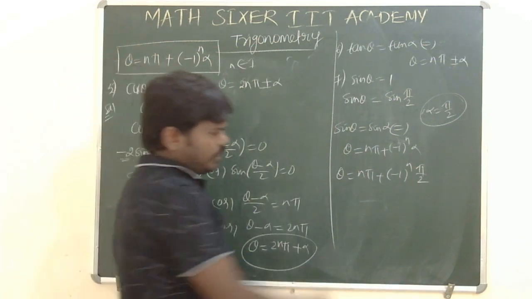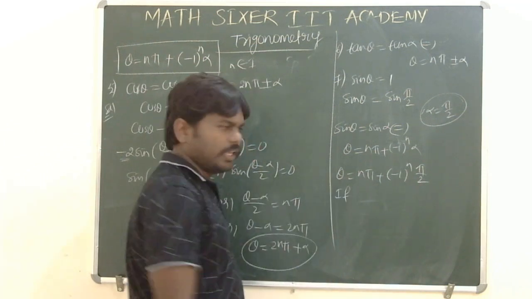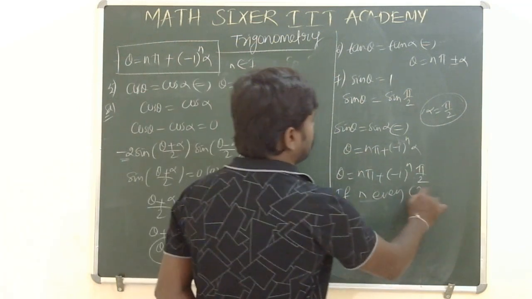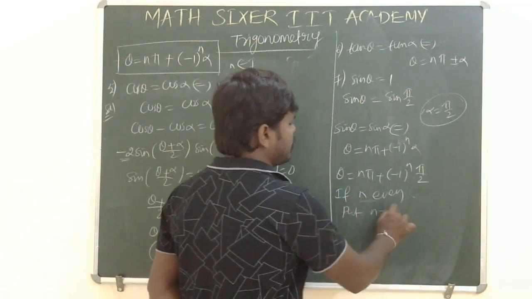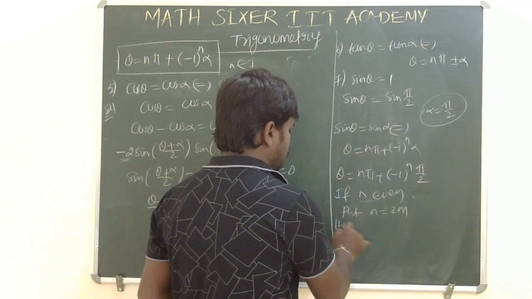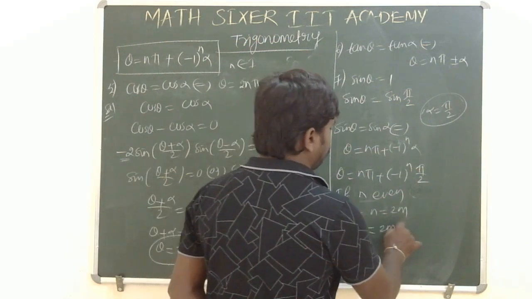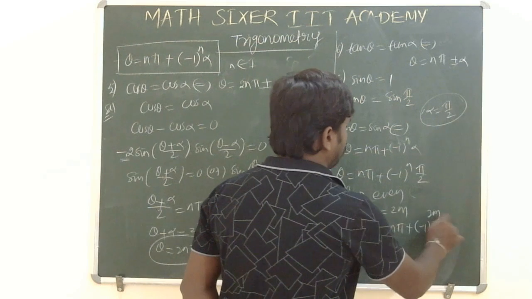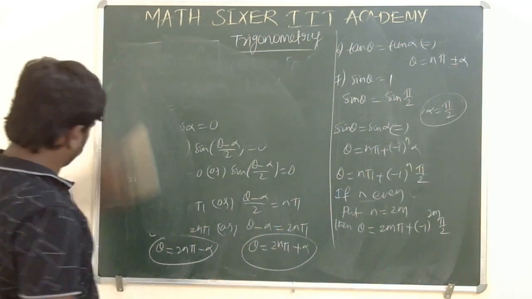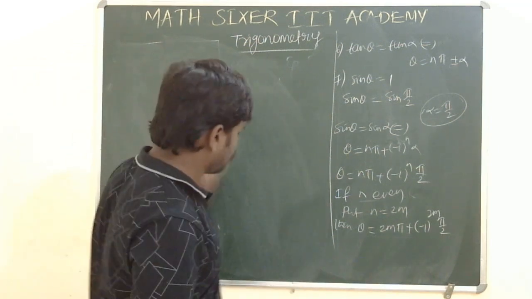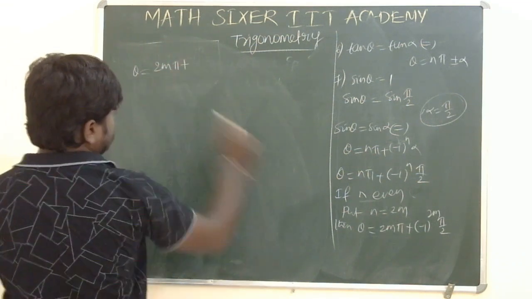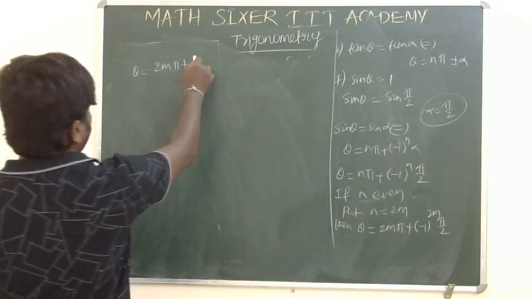Now if n is even, just substitute n is equal to 2m, because the general form of an even number is 2m. Then theta is equal to 2m pi plus minus 1 power 2m into pi by 2, and minus 1 power 2m means plus, so pi by 2.